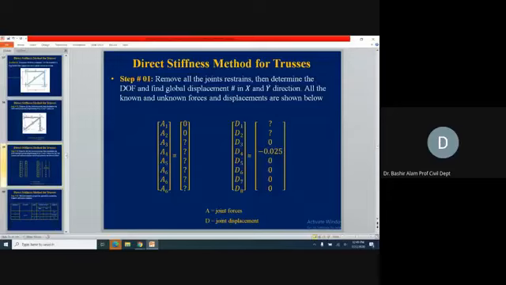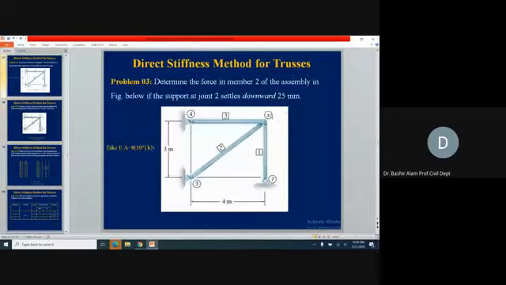Remove all the joints and then determine the force in member 2 of the assembly, only member 2 is asked in the figure below, if the support at joint 2 settles down, meaning it goes in the Y direction by 25 millimeters.